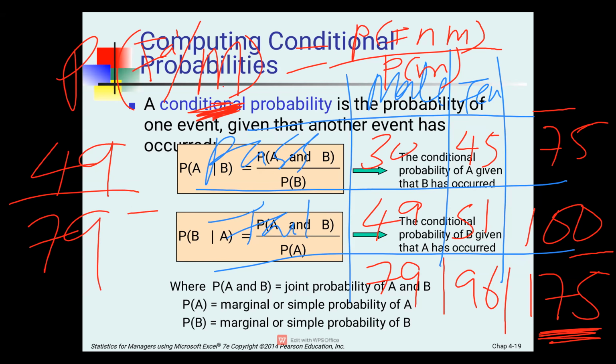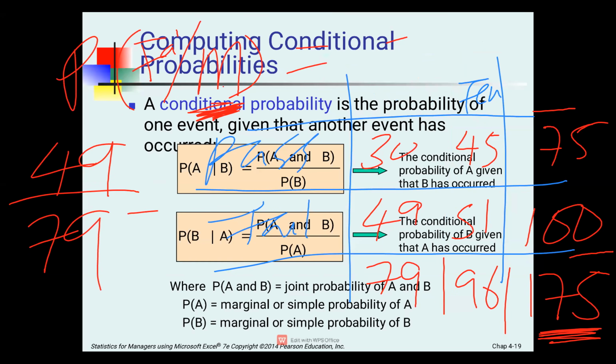Now listen to what you're given. The question is again: given that the person failed, what is the probability that they are male? You've seen the way I've rephrased the same question. What you are given is fail.